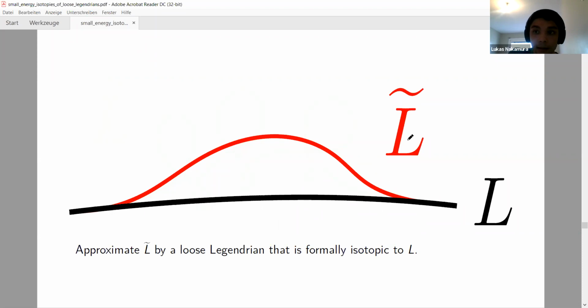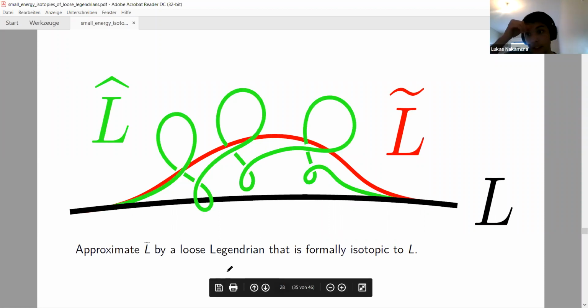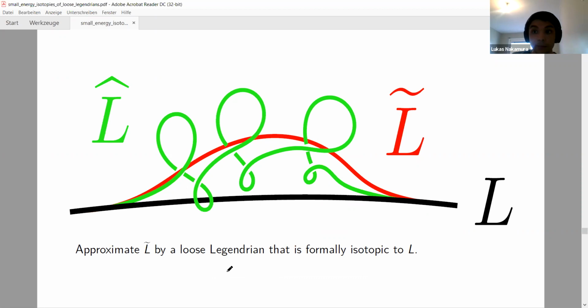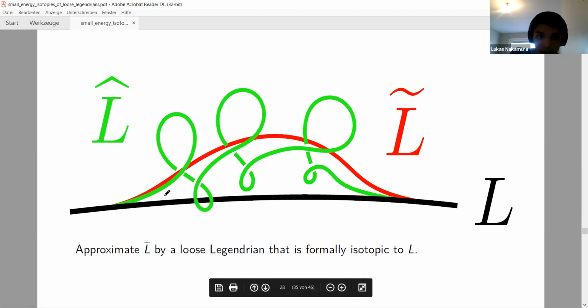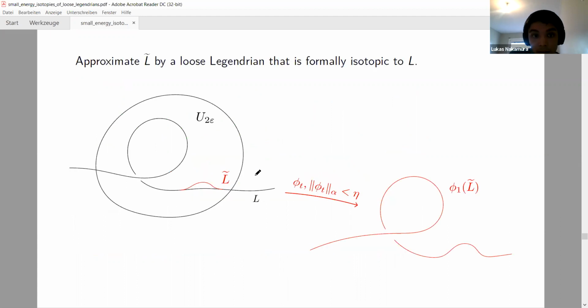To be more precise, you want to approximate L tilde by a loose Legendrian which is formally isotopic to L. It's a general fact that this is always possible. I've drawn here again these opposite loops to indicate that L hat here is formally isotopic to L. Now let's go back.